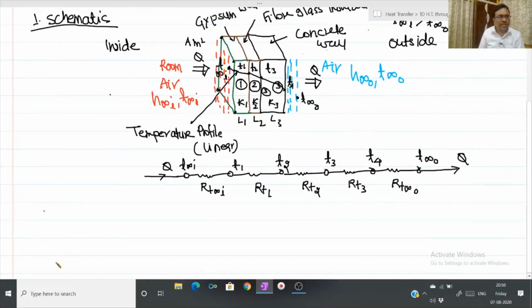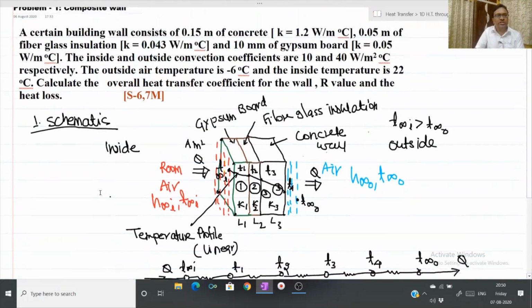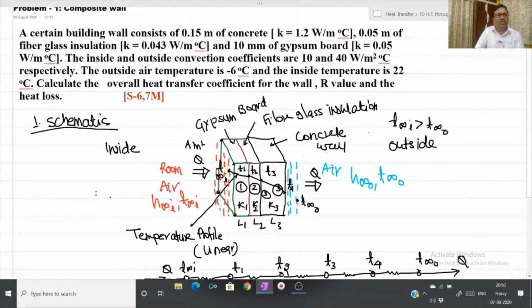Now second step is to enlist all the given things. Whatever parameters we have shown on the schematic, we will try to find out values of how many parameters are given in the problem statement. So as you can see here, a certain building wall consists of 0.15 meter of concrete.